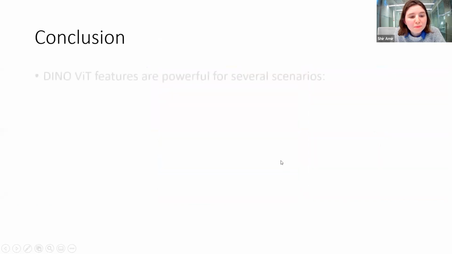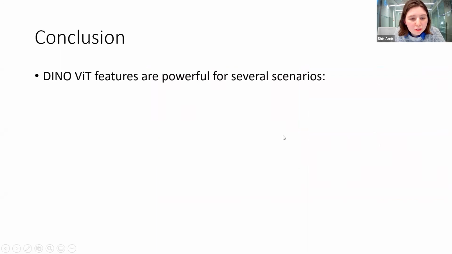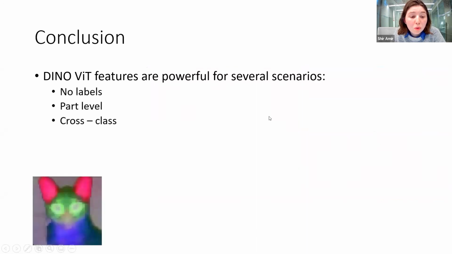To conclude, DINO ViT features, as we see them, are especially powerful for several scenarios. First of all, for scenarios where we have absolutely no labels at all, an unsupervised scenario. Secondly, for scenarios where we want to receive part co-segmentation, so not necessarily to co-segment or segment an entire object, because there are a lot of works that do this, but rather to focus on part levels.